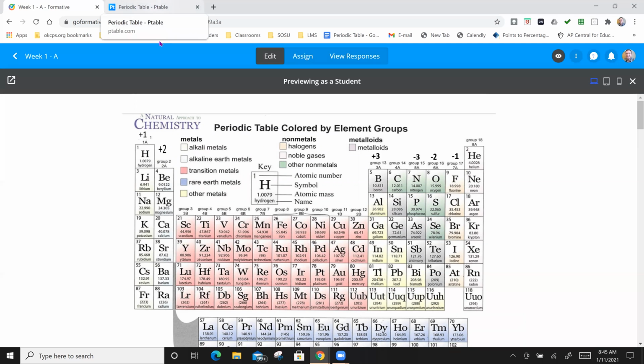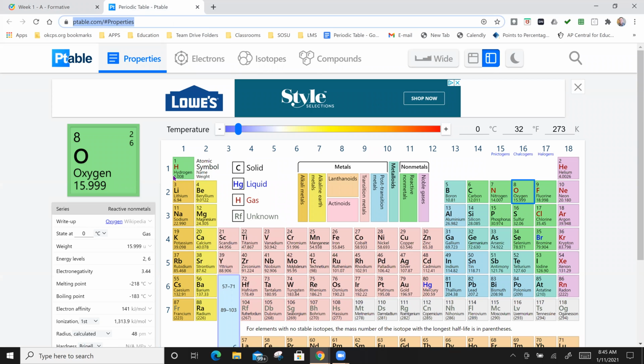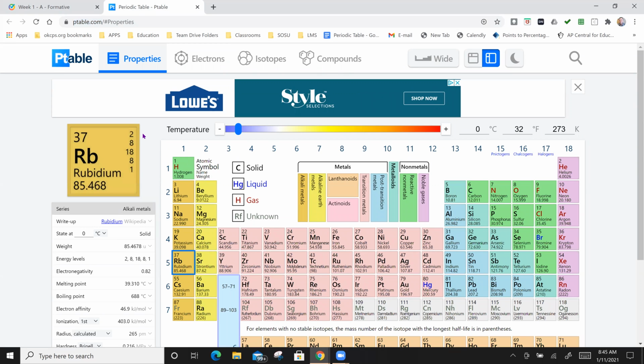Another way that you can look at that is you can click on this link here, and that will take you to ptable.com, which is this right here. And this is a really nice view of the periodic table. And you can look at rubidium. And one way to know that it has 1 valence electron is you look at the electron arrangement for each energy level. And so the top one is energy level 1, 2, 3, 4, and this is energy level 5.